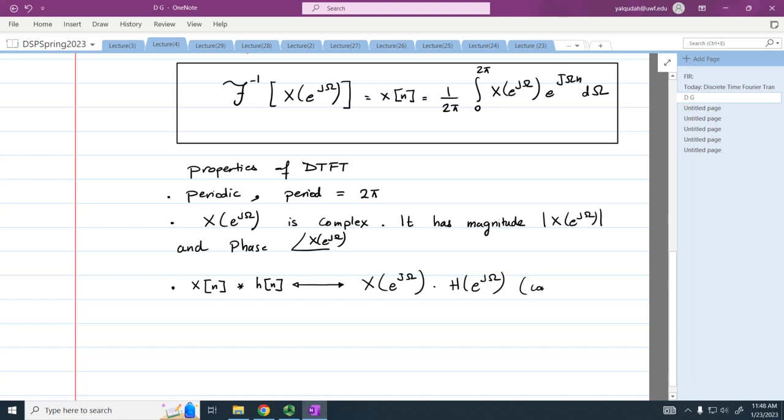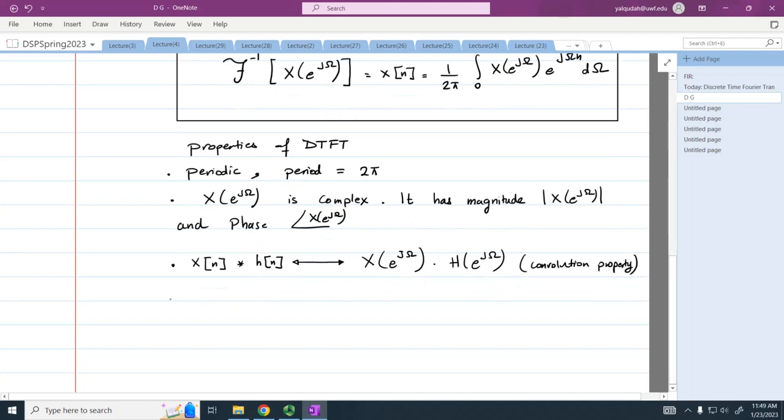This is the convolution property. Where have we seen something similar to this? With continuous time. Convolution in the time domain is multiplication in the frequency domain. The same thing applies here.